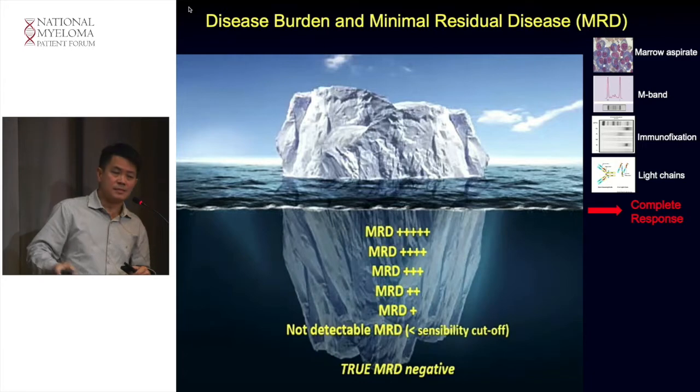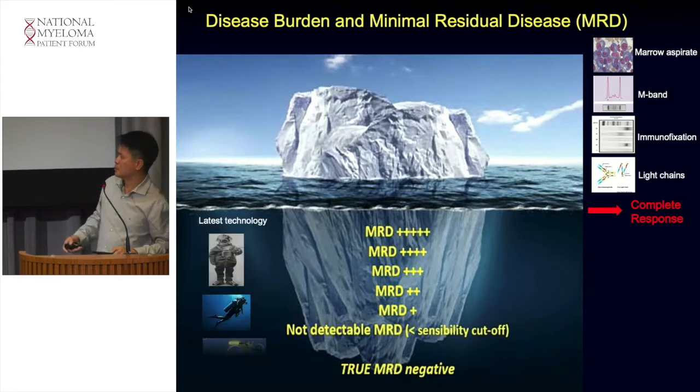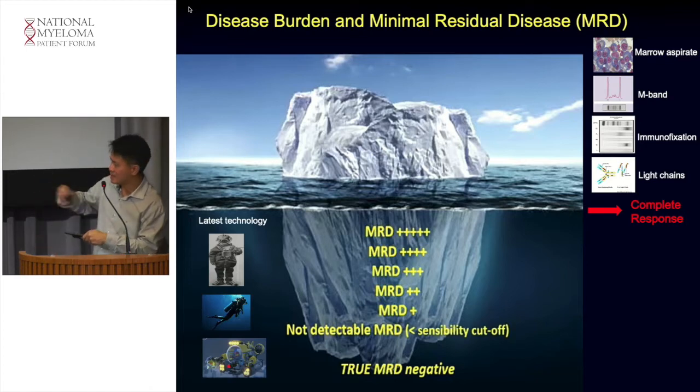There's a lot more disease that is hidden, and this is what we call minimal residual disease, the disease that is not measurable with these routine tests that we have been doing. CR only brings you to the level of the surface of the water. So with better technologies, you dive deeper, you can ascertain if you are indeed getting rid of the rest of the iceberg. You need better technologies.